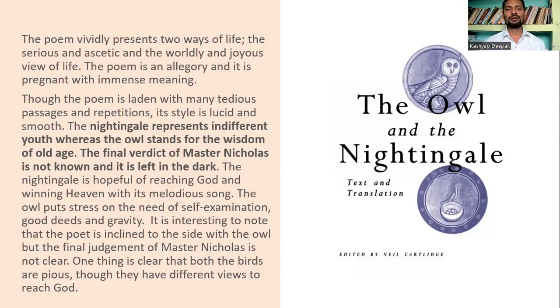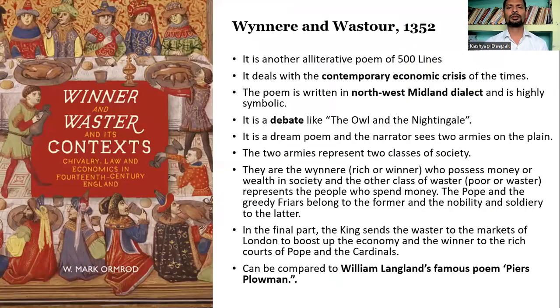One thing is clear: both the birds are pious, though they have different views to reach God. So this is what we have from this poem, and it is one of the most important poems of the Anglo-Norman era. And the next poem that we have is Winner and Waster.